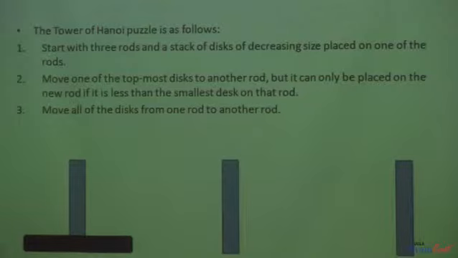You move one of the topmost disks to another rod, but it can only be placed on a new rod if it is less than the smallest disk on that rod. In other words, you can't place a larger disk on top of a smaller disk. Okay? And you can only move a disk if it's on top, just like a physical object. And you can only move one at a time. And the goal is to get all the disks here into, say, that column over there.